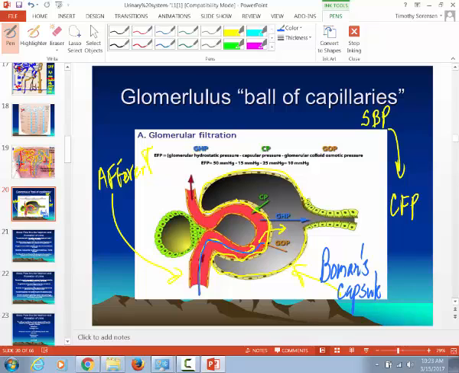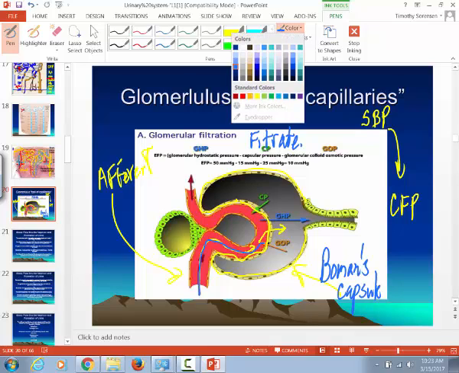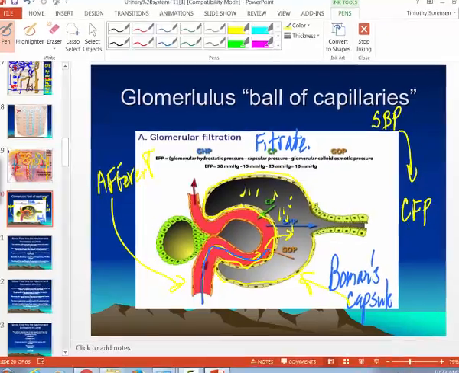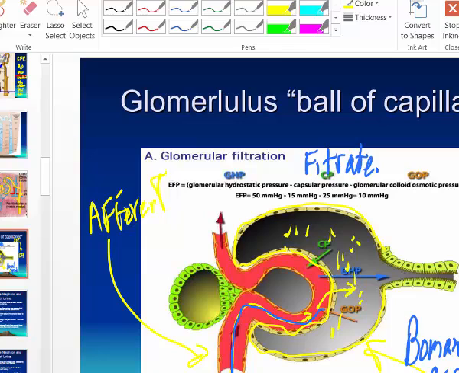That stuff that gets filtered by the glomerulus is called filtrate. So the stuff that got filtered by the glomerulus and then ends up in Bowman's capsule is going to be water and stuff. These little dashes here represent stuff, and it's going to enter Bowman's capsule.